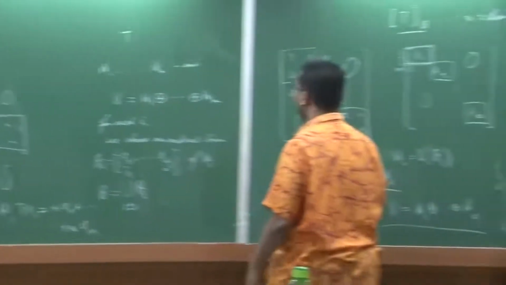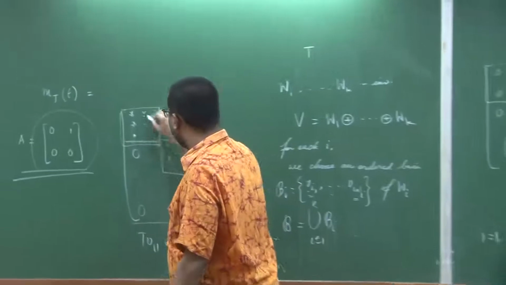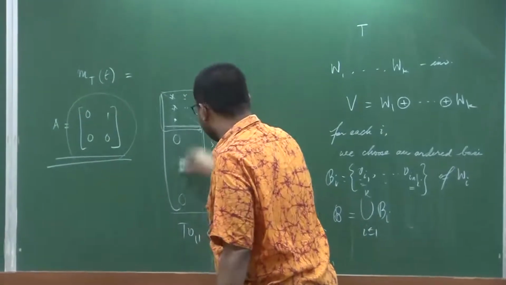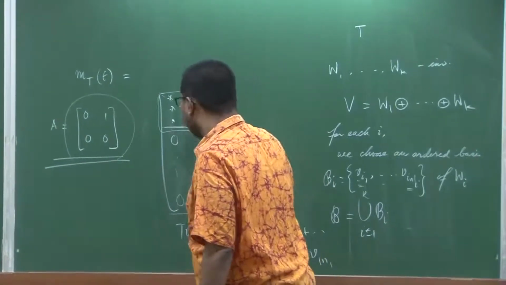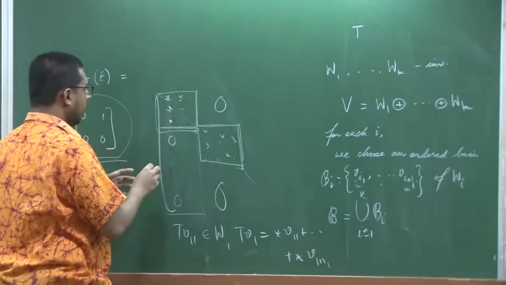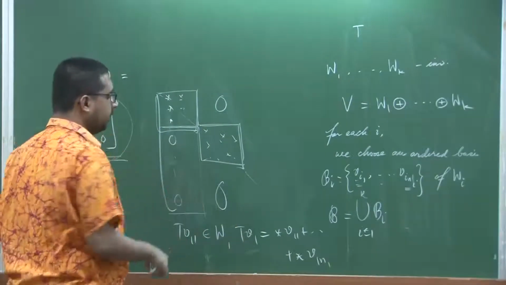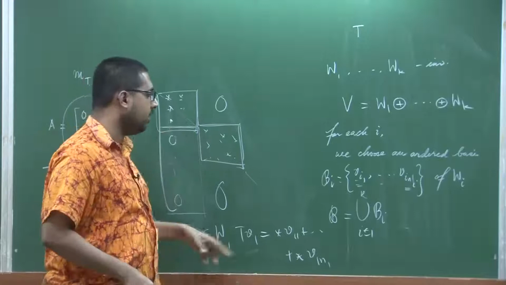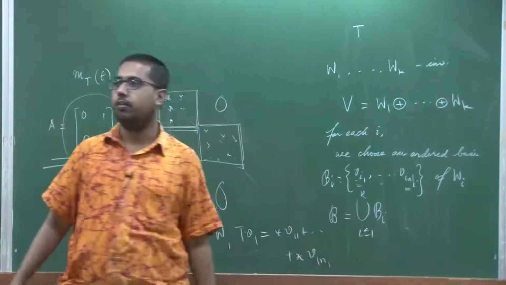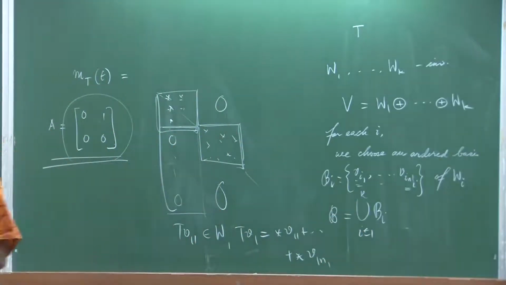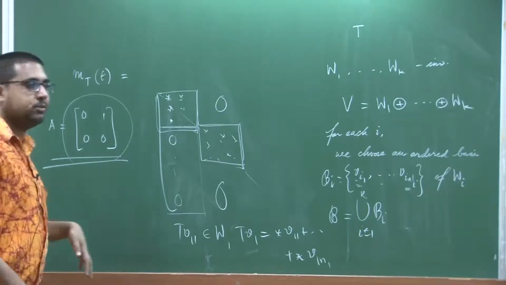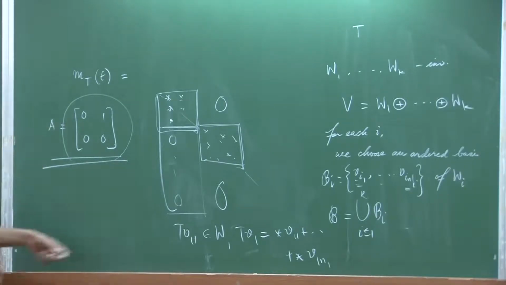one thing is clear: let us say for W1, the other coefficients of the other V i prime j's, where i prime is not equal to i, must be 0. Okay.